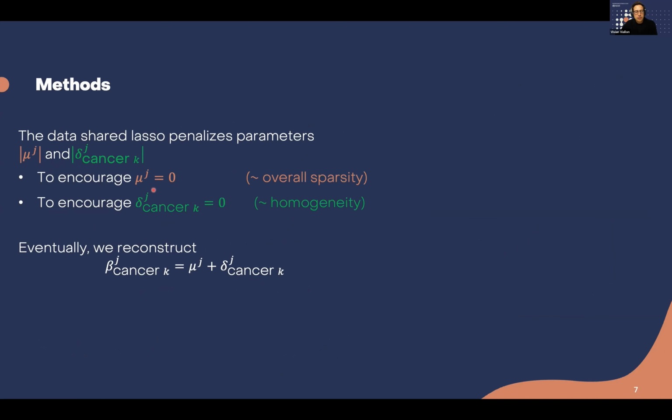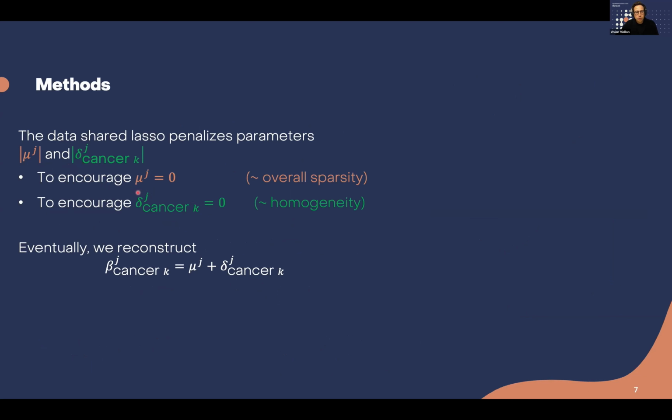And so basically, we want to penalize these terms first because, for instance, we want to encourage the overall associations to be mostly zeros, because we expect that only a few of the metabolites are indeed associated with cancer overall.